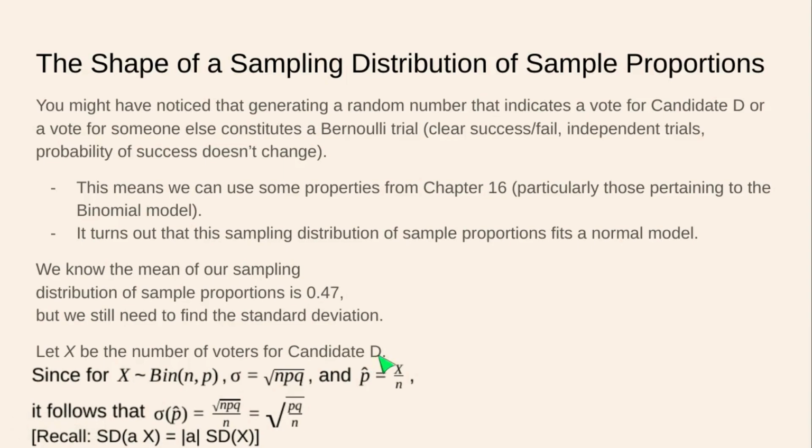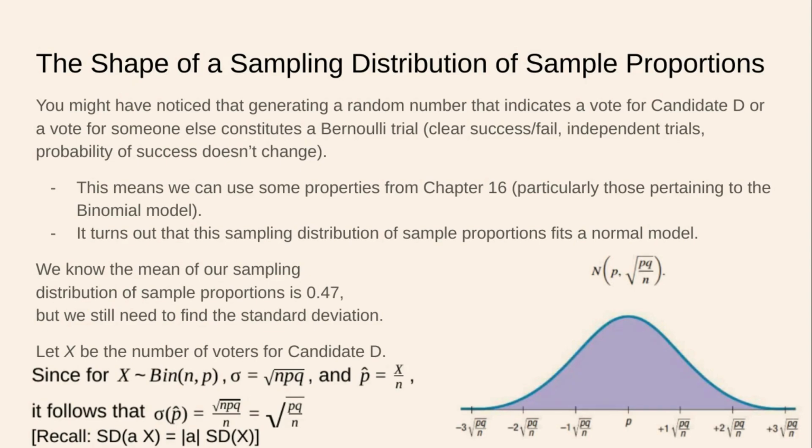If p hat is equal to x over n, then the standard deviation of p hat, our sample proportion, is going to be this constant 1 over n times the standard deviation of x, which is the square root of npq. From this step to this step is just a little bit of algebraic reorganization, and I'll let you think about why that's true.